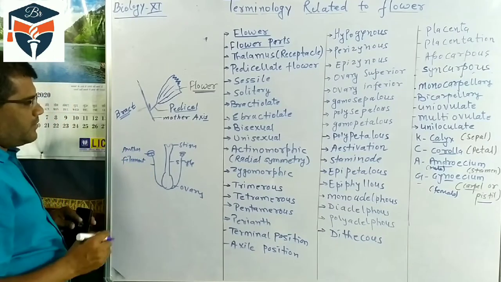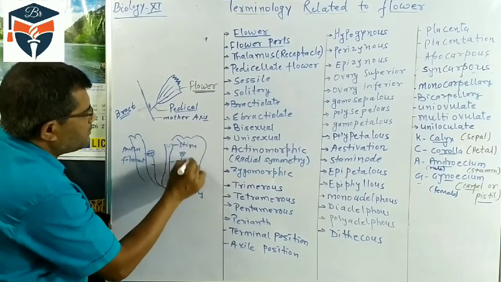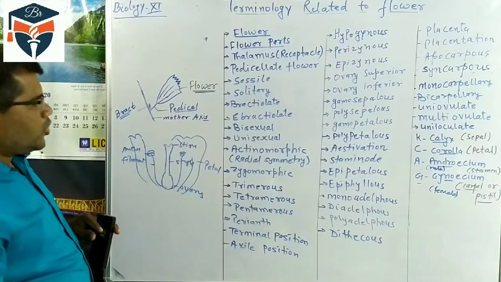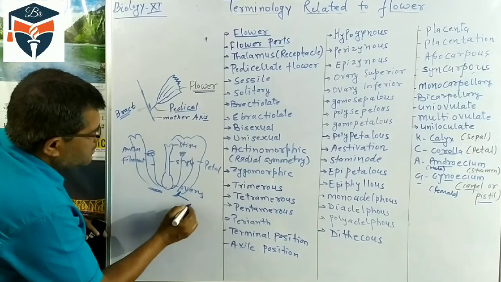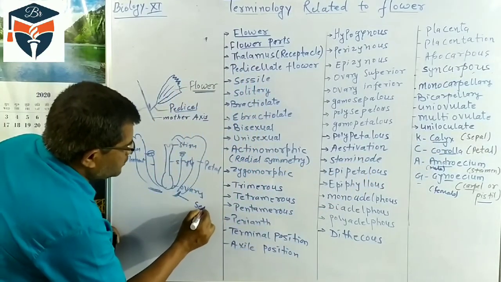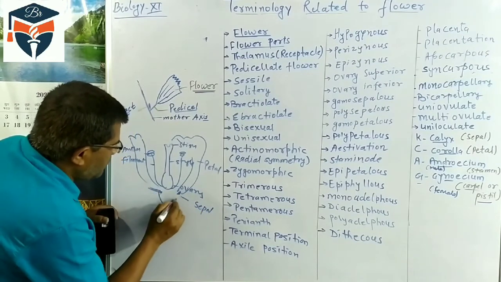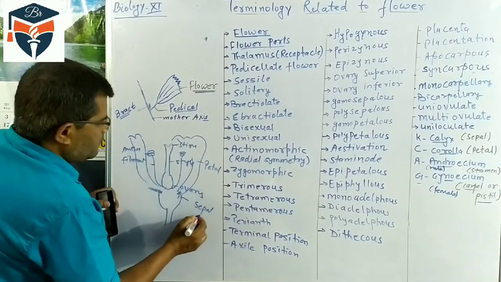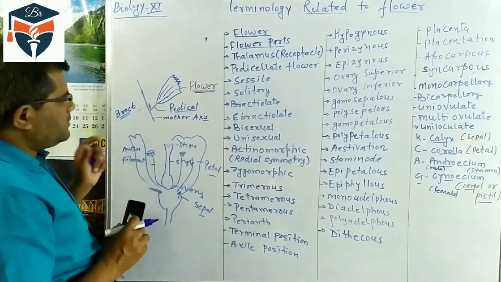Then the colorful parts of the flower are called petals, and collectively they are called the corolla. The small green leaf-like structure is commonly called the calyx, and one part is called a sepal. In class 10th we learned the parts of the flower: sepal, petal, carpel or pistil, and stamen.